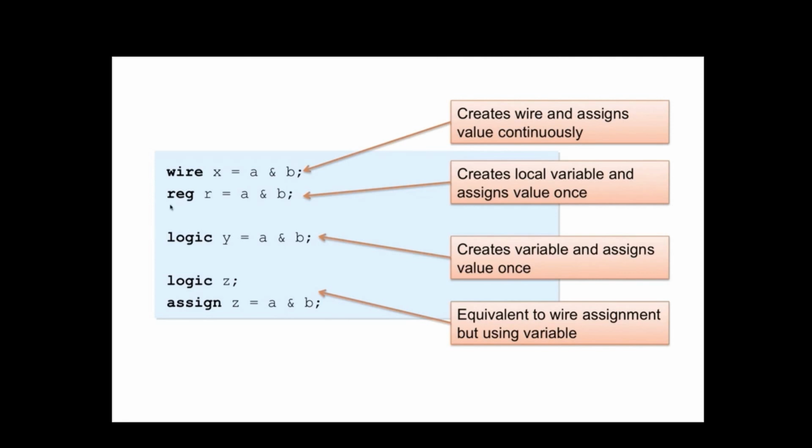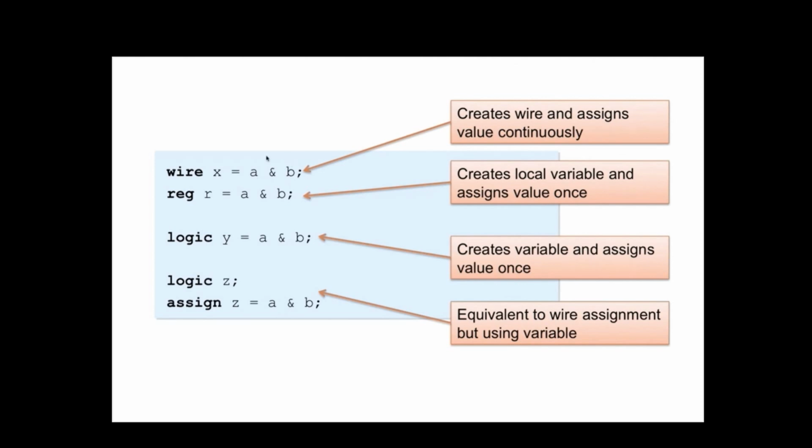What a lot of folks then will try to do is use logic, and that works fine, except that the wire assignment was kind of special. If I have a wire X, and it equals A and B, this actually creates the wire and assigns the value continuously.